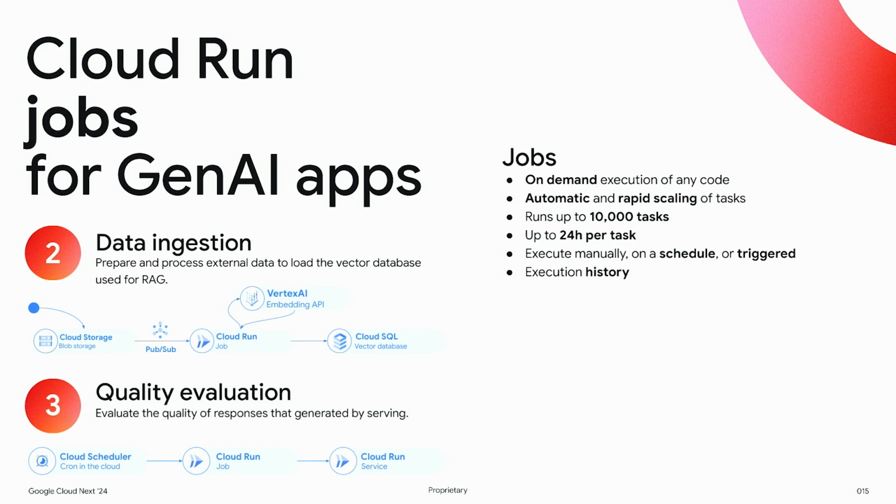And each of those tasks, in the case of data ingestion, if the data is very long to process, can take up to 40 hours to execute. This Cloud Run job can be executed manually using the command line or user interface, but more importantly, on a schedule or triggered via Pub/Sub or events. And you get a nice execution history, including logs and task completion success.